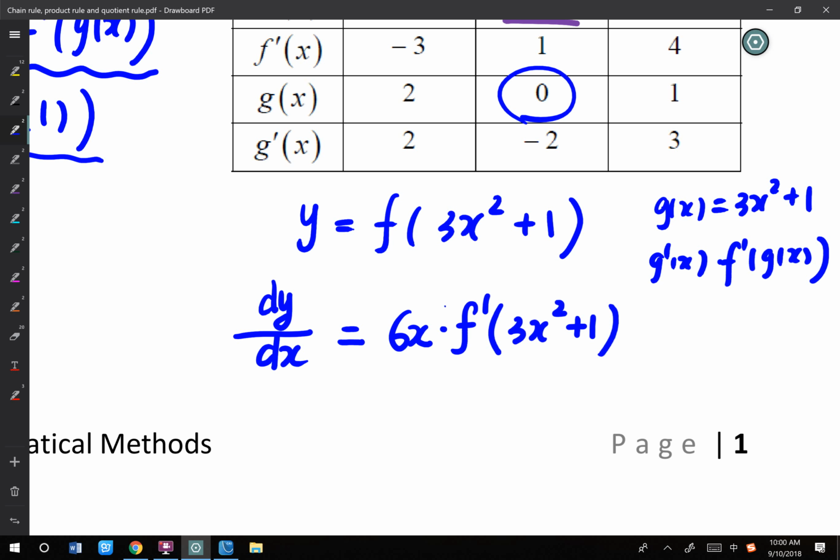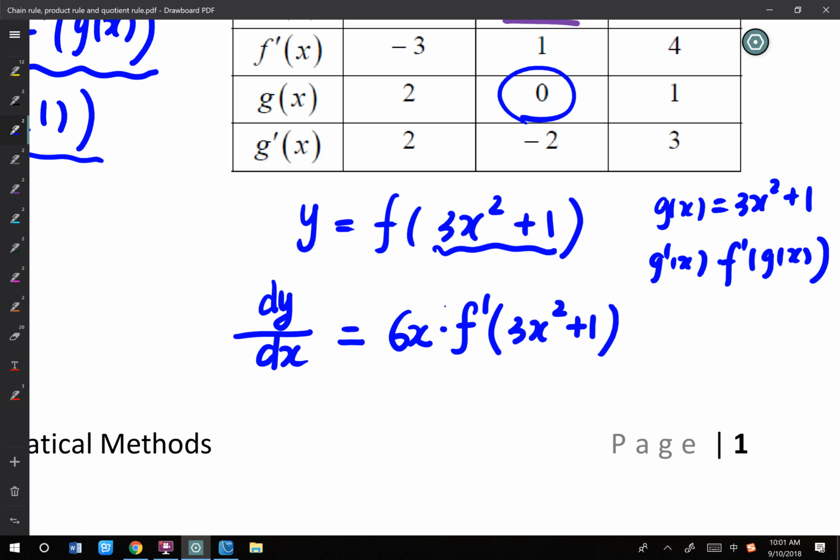Yes? Sorry? Yeah, that's part of the chain rule. So how did you know that this is an f of g(x) function and not f of x? Well, because that's not x. That's a function. That's not a single x.